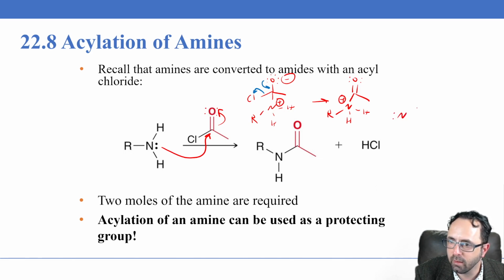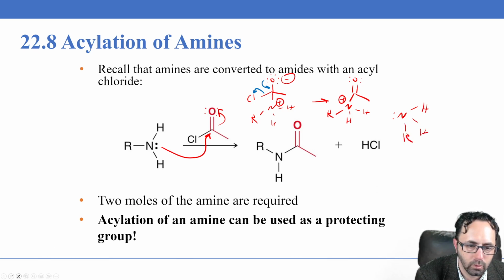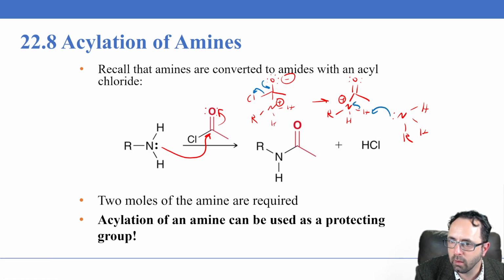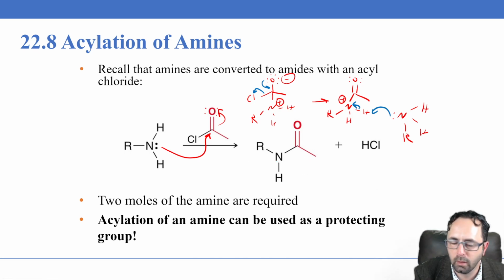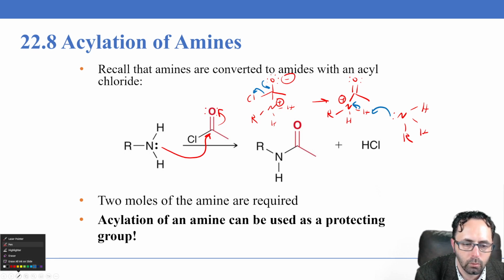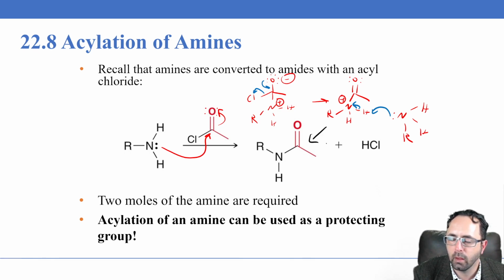And this is where the second equivalent of the amine is valuable. This is going to be used to finally deprotonate the resulting ammonium salt and give us the neutral product. Ultimately, this leads us to our result right here.